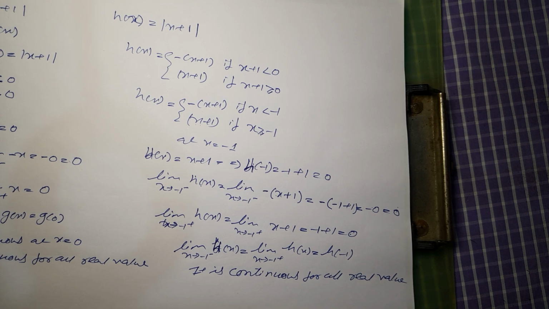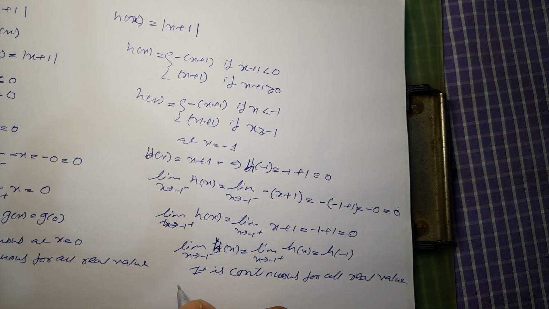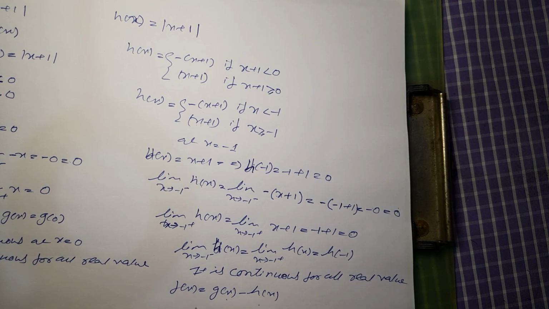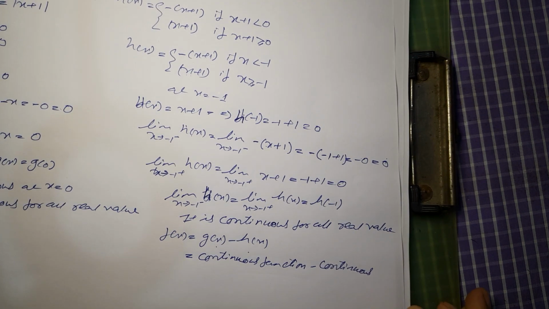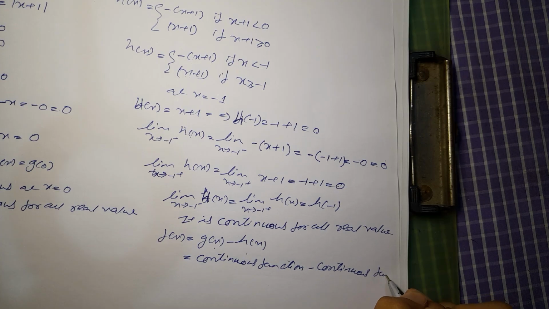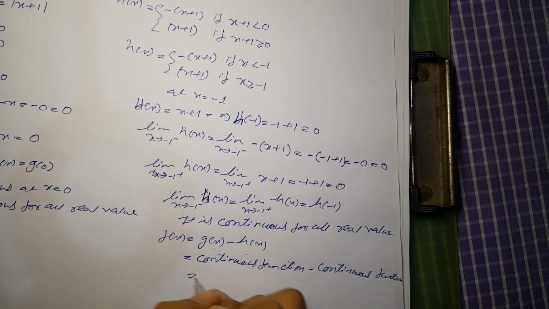So we got both are continuous. We have f(x) equal to g(x) minus h(x). This is also continuous. A continuous function minus a continuous function will give a continuous function.